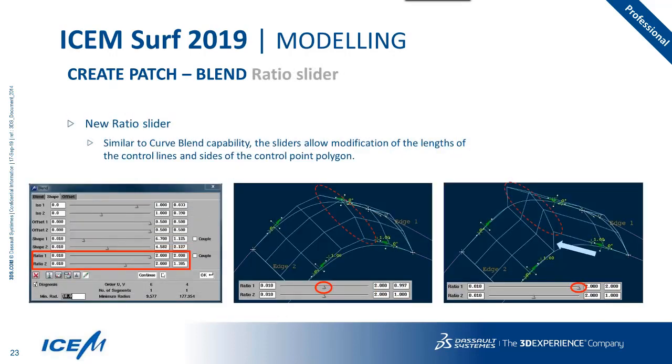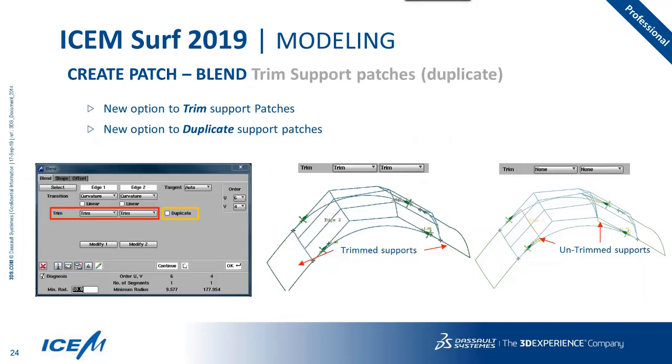We've also added the ratio sliders, which work in the same way as curve blend. So it allows you to dynamically, just through sliders, change the shape of your blend surface. We've also included the trim function with duplicate. So once again, if you don't want to lose your original surfaces, tick on duplicate and it'll make a copy for you.